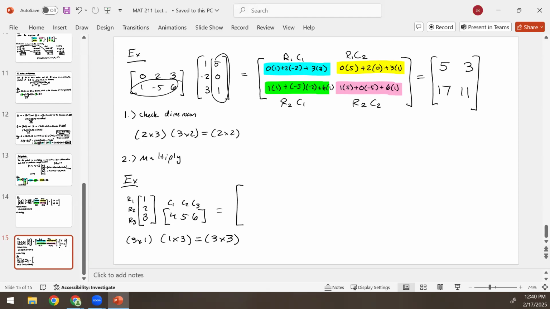So row 1, column 1 is just 1 times 4. Row 1, column 2 is 1 times 5, and then 1 times 6, right? Row 2, column 1 is 2 times 4, 2 times 5, and then 2 times 6, respectively, for column 2 and 3. And then row 3 times column 1 is 3 times 4. Row 3, column 2 is 3 times 5.